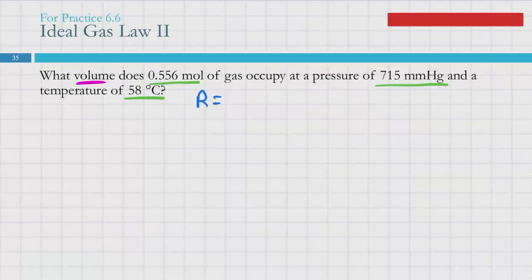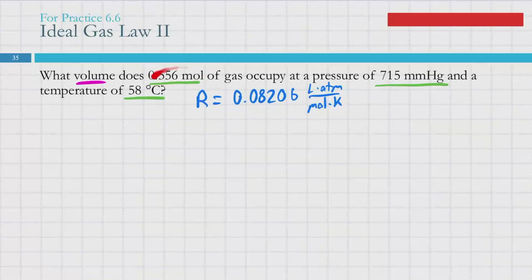So our R value, 0.08206 liters atmospheres per mole Kelvin, has units of liters, atmospheres, moles, and Kelvin. And so we need to make sure that all of the units that we're using with our R value are in liters, atmospheres, moles, and Kelvin.